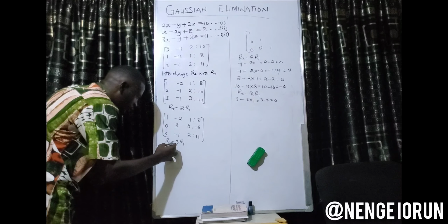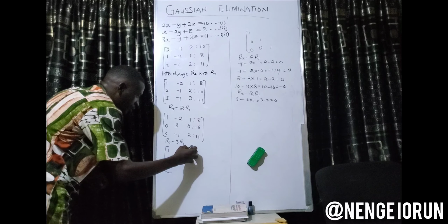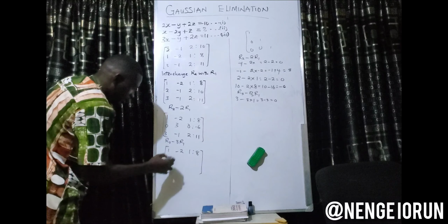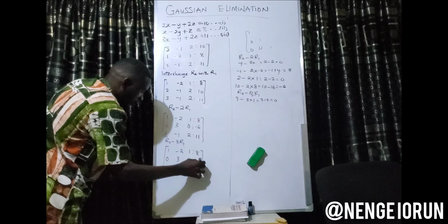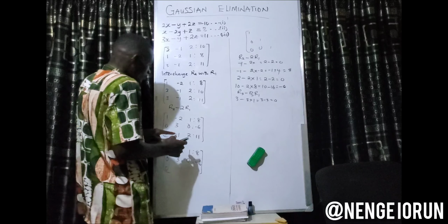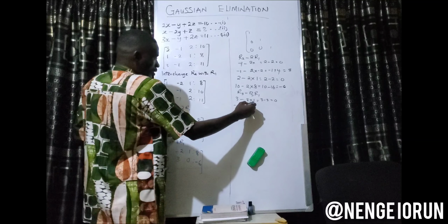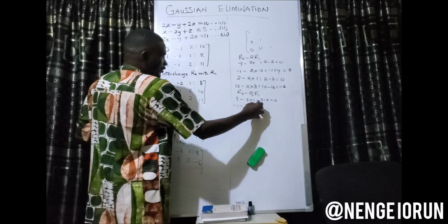So this is what we have. We have 1, -2, 1 | 8. Then here we have 0, 3, 0 | -6. Then this one here is 0. Now for this one, you have negative 1 minus 3 times the corresponding element here, which is negative 2.